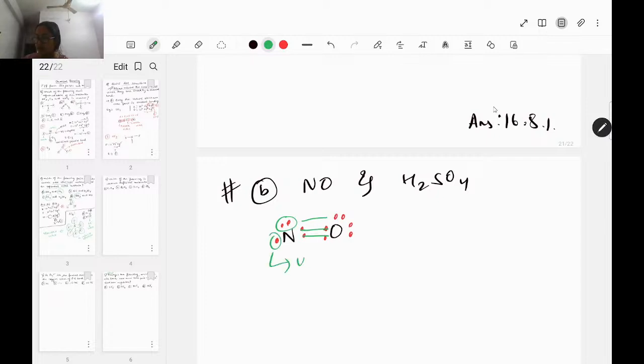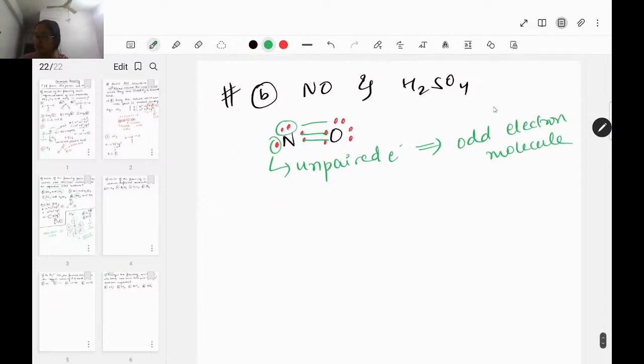This electron becomes unpaired and this triple bond begins to form. Since this nitrogen is not satiated, its octet is not fully filled, so this oxygen again takes pity on this nitrogen and starts to form the triple bond. But the main important thing over here is this electron remains unpaired no matter what. So this is a very classic case of odd electron molecule.